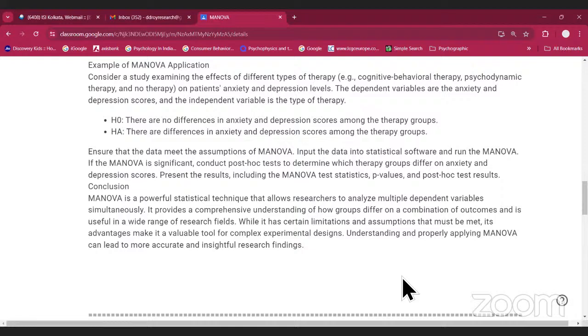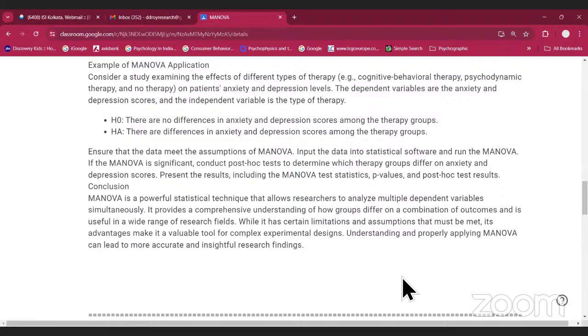That is important. Which independent variable has more effect on the linear combination of the dependent variables? That you can check.